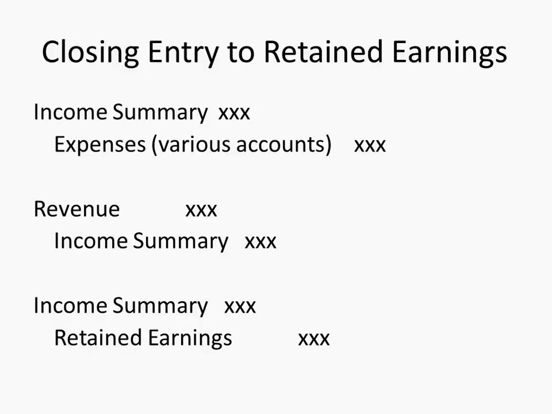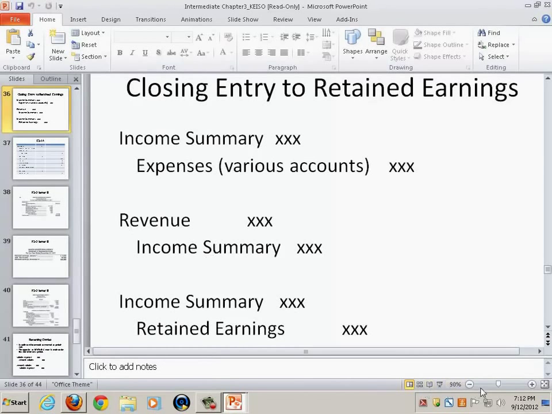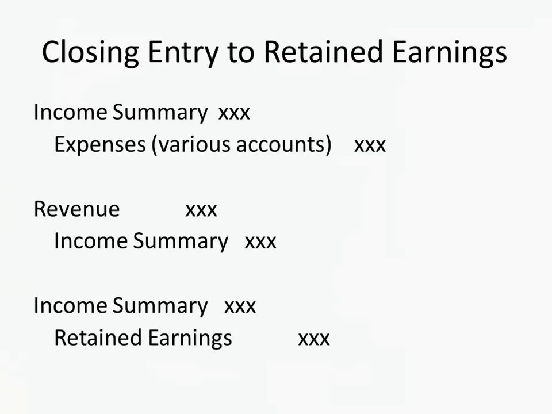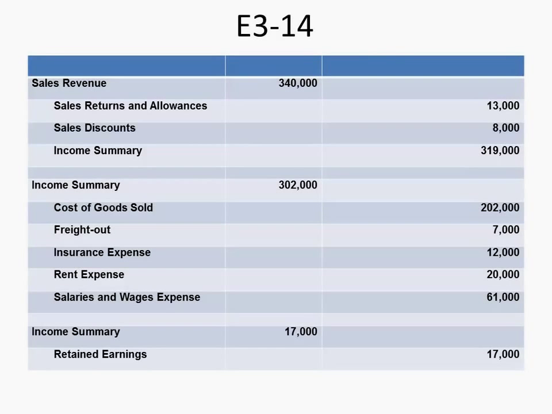That makes sense? Okay, so let's look at exercise 3-14. You're going to just make some entries. In Exercise 3-14, you're going to close out some stuff to the income summary. So just to be clear, when you close things out to the income summary, there are 3 journal entries that you'll have to make.